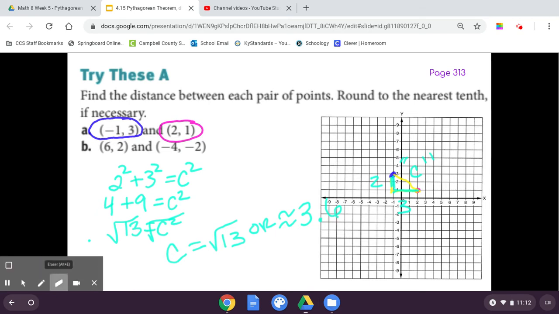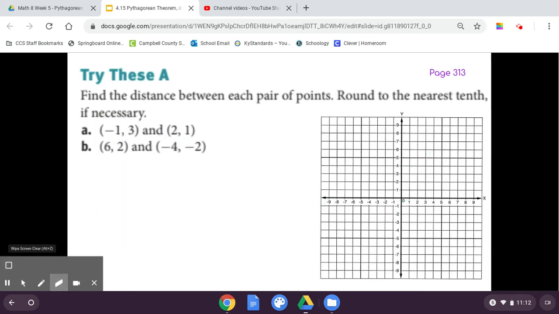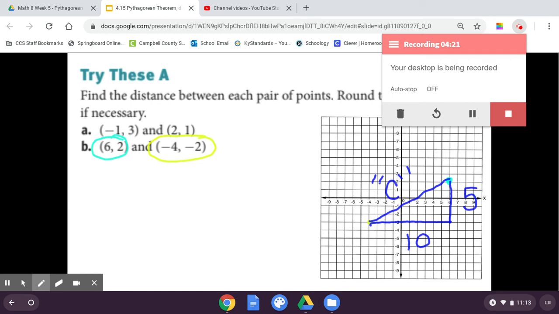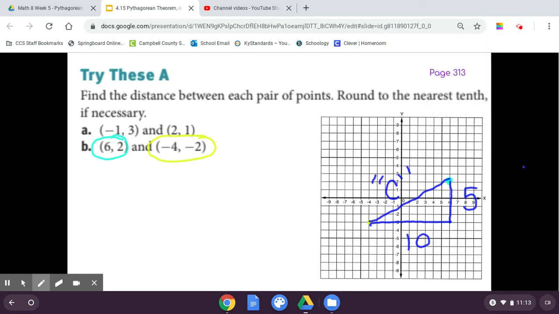All right, I'm going to go ahead and let you try this second one by yourself. So as you can see here, I went ahead and plotted the points, counted my sides. So I need to find the hypotenuse, which is the shortest distance between those 2 points, instead of having to go all the way to 10, then up 5 to get to the other point. We want that diagonal distance.